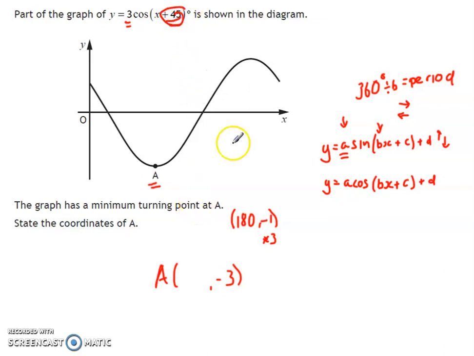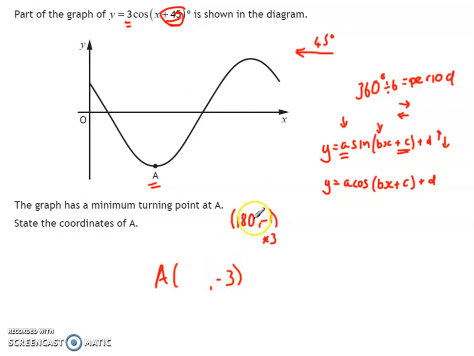The next part is given by this plus 45 here, which is the transformation referred to by C in the original equation. Now we've said what this does is it shifts it left or right along x, but it goes the opposite direction to what we'd assume. So we've added 45 degrees, so what that is actually going to do is shift it left by 45 degrees.